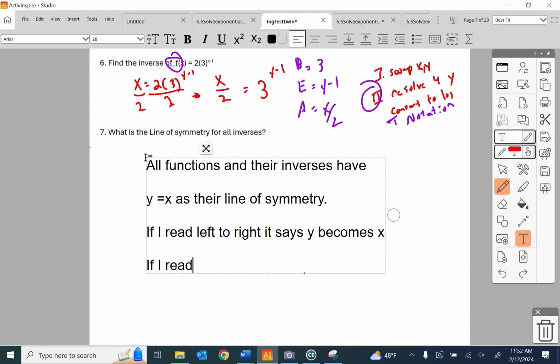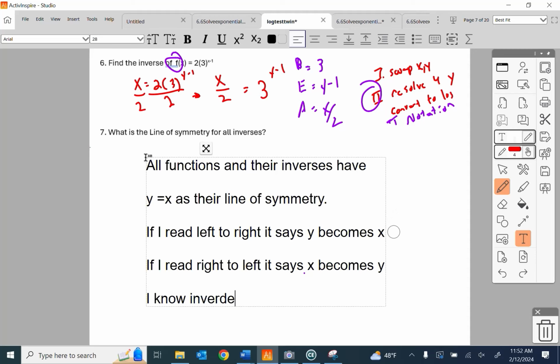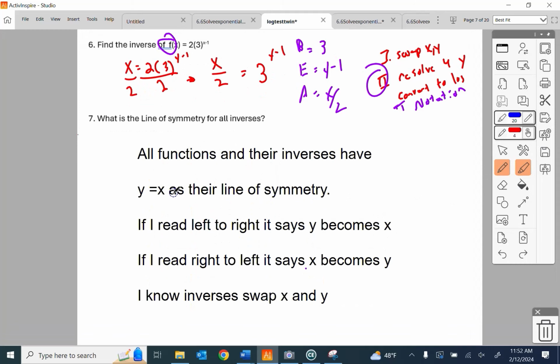If I read right to left, it says x becomes y. And I know that inverses swap x and y. That's what they do. But anyways, the answer to this thing is that y equals x.